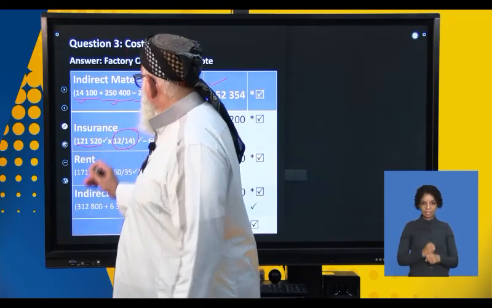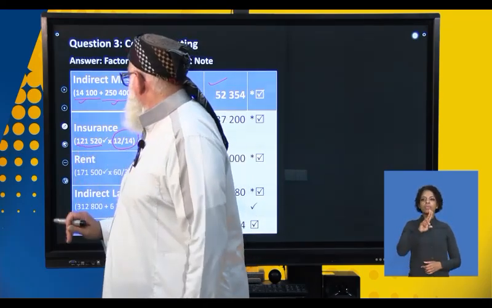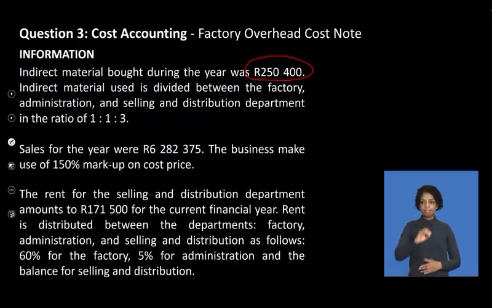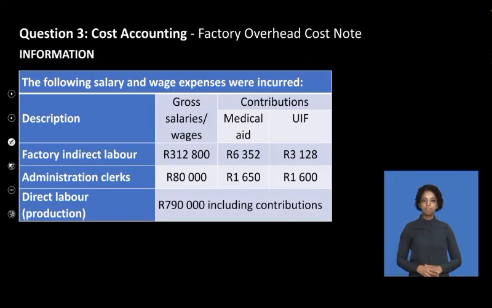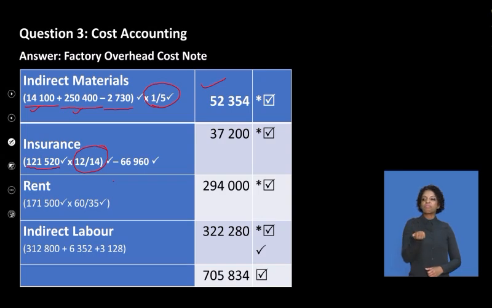And you do that by taking the 121,520. Let's just identify that figure. Once again, there it is, 121,520. There's my insurance figure. And because it included the 2 months, we only take 12 over 14.